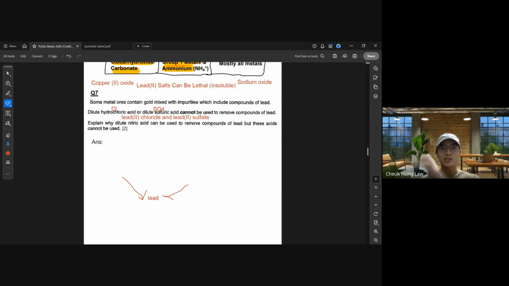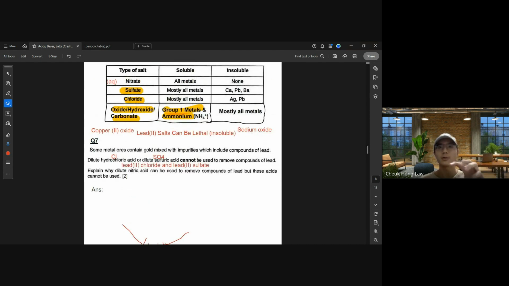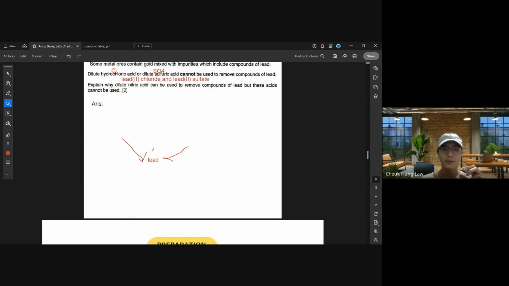So this layer is actually insoluble, right? They are insoluble salts. So it will form a layer around the lead. And this layer will prevent the reaction from continuing. Because there's a layer around the lead, it acts as a barrier to stop the reaction. So since it stops the reaction halfway, they are not reliable ways to remove the compounds of lead.